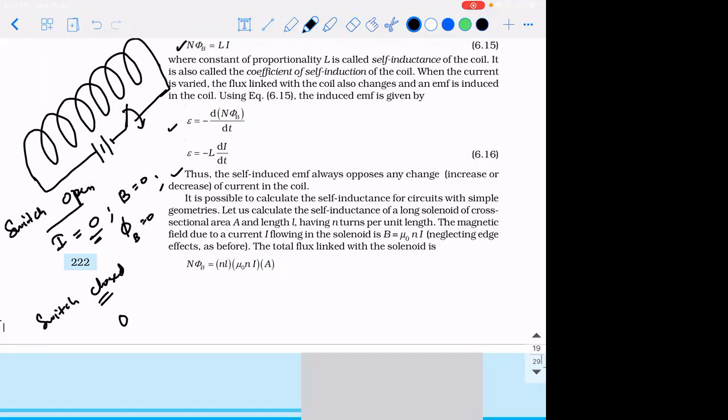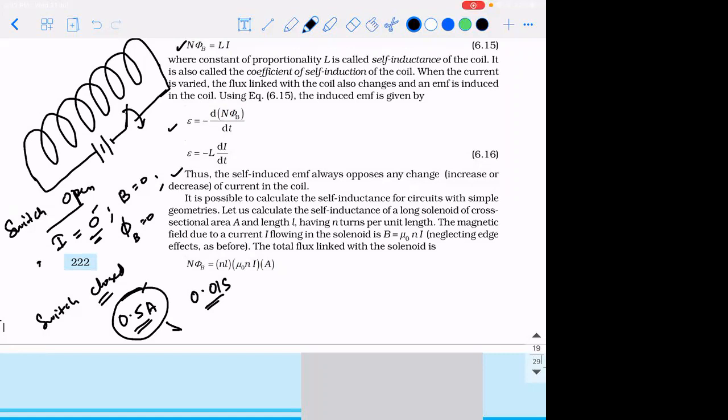Let's say there is one particular instant where the current is 0.5 ampere. So let's say this is happening in a few seconds, a few microseconds also you can take it. When the current is going from 0 to 0.5 ampere, let's say in 0.01 seconds, just random numbers, between the time t equal to 0 and 0.01 seconds, can I say that there is an increase in the value of current?